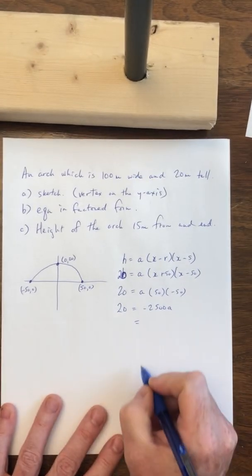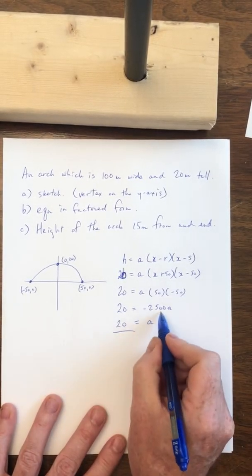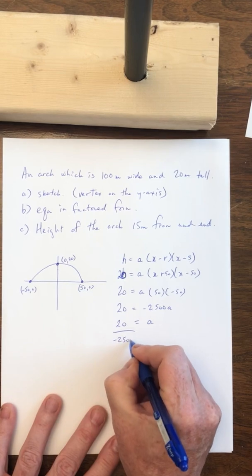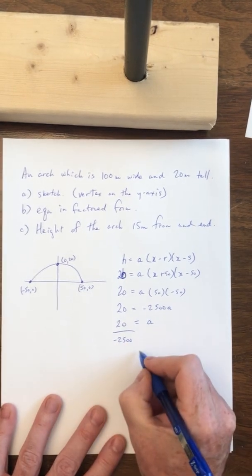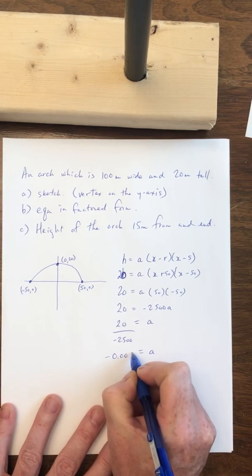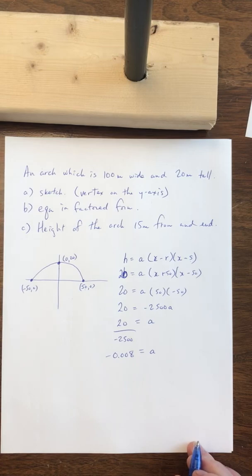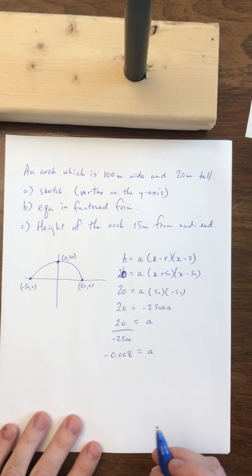Getting a on its own, we'll move the times -2500 to the other side. It becomes 20 divided by -2500, and a is equal to -0.008. So we have a compression.